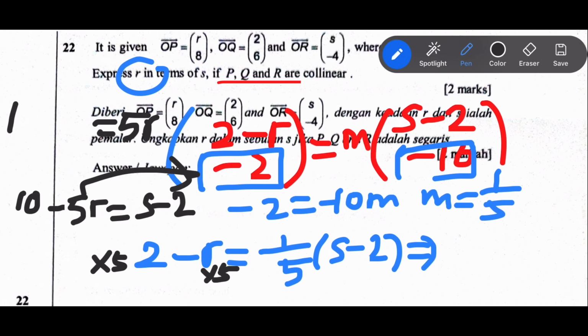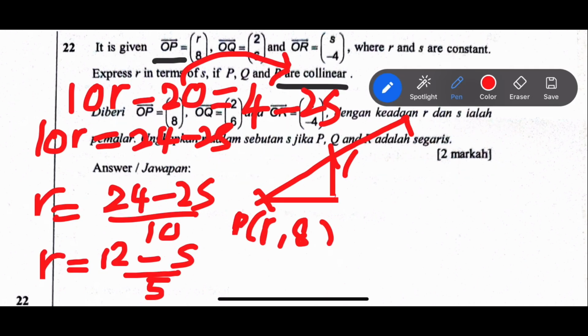The question asks you to express r in terms of s, so you take 10 plus 2, then minus s, then divided by 5, and you have to simplify your answer to the simplest form. That is how you solve the vector using the ratio method.